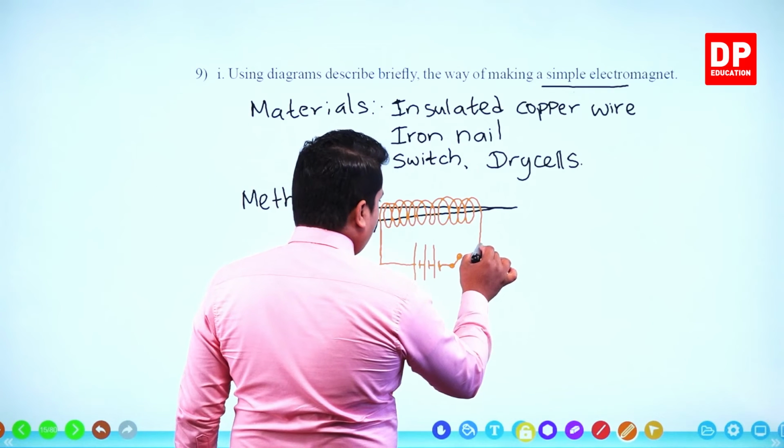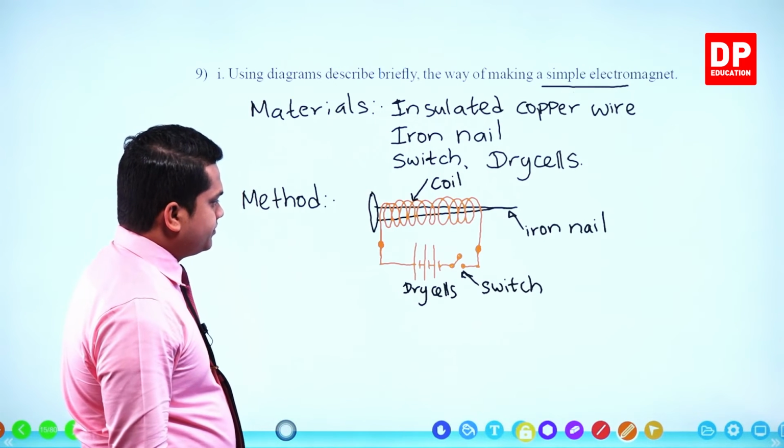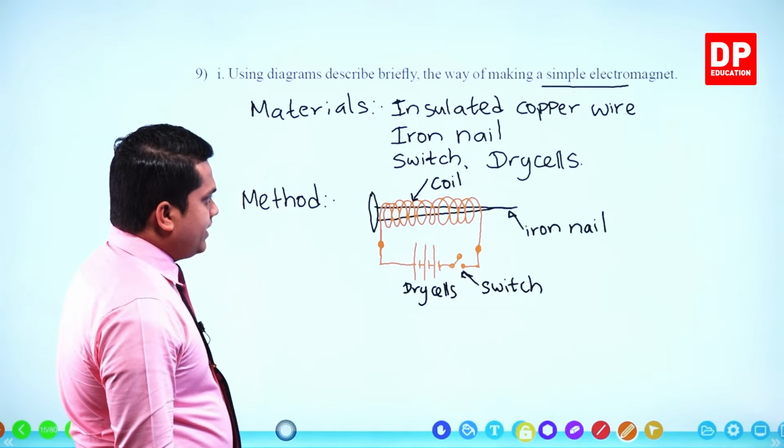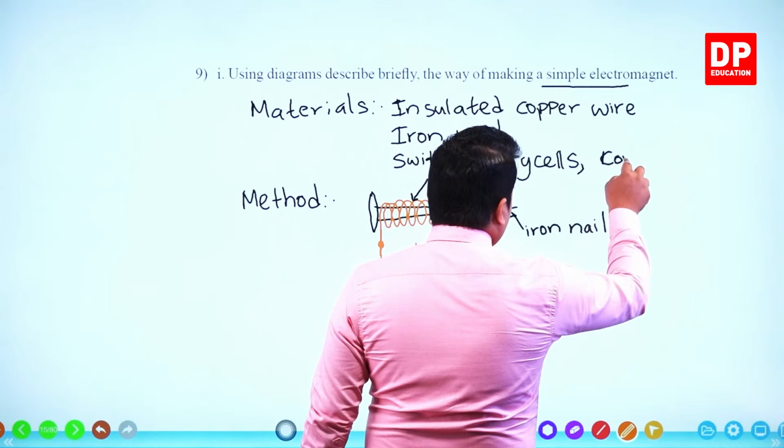So this is the coil, iron nail, coil, dry cells, switch, right? And if you want, I'll mention that one also, connecting wires.